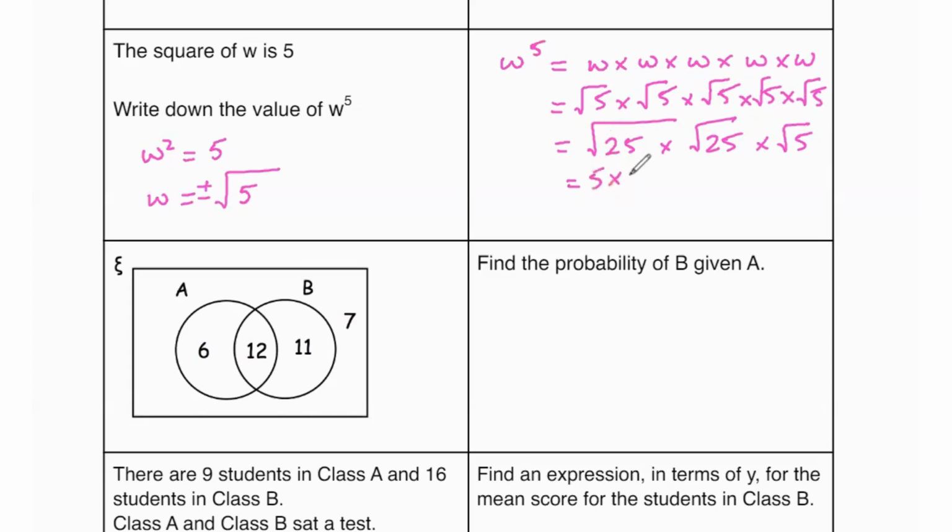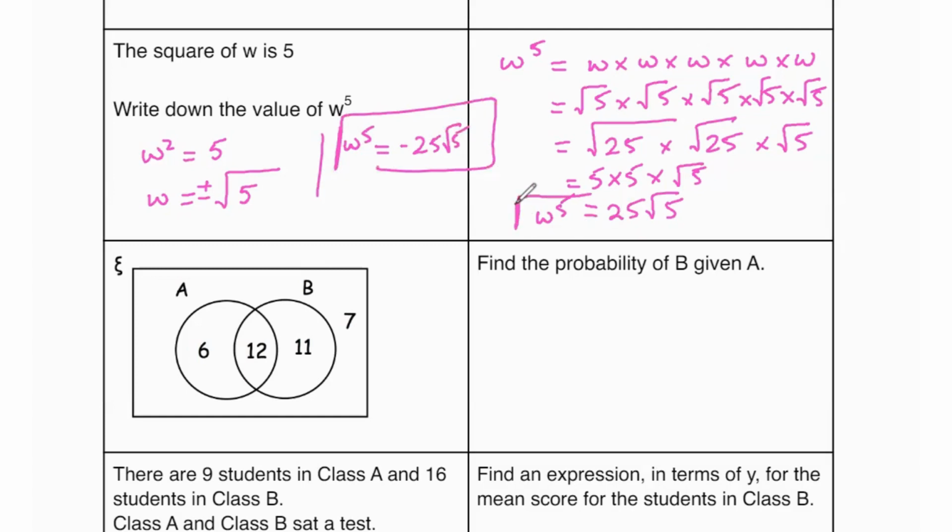So that's 5 times 5 times root 5, and that is 25 root 5. As we said, root 5 is positive and negative, so the other value of w to the power of 5 would be negative 25 root 5. So these two are your values of w to the power of 5.